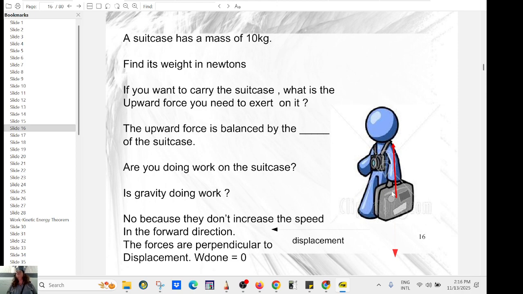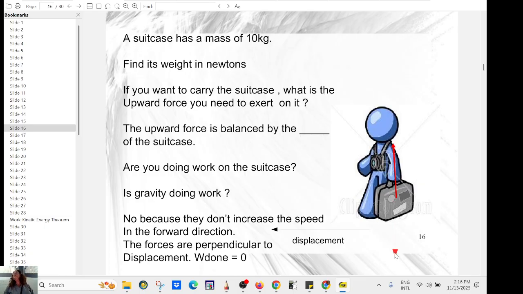Of course, you are getting tired, but you are not doing work on the suitcase. You are doing work on the environment. You get sweaty and hot, and all those molecules around you are going to move faster, but not the suitcase.